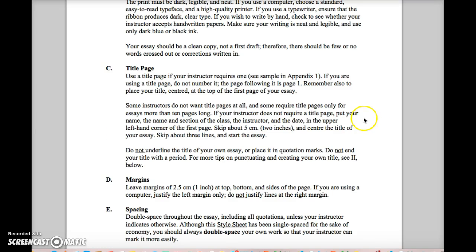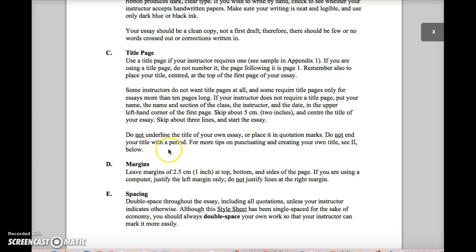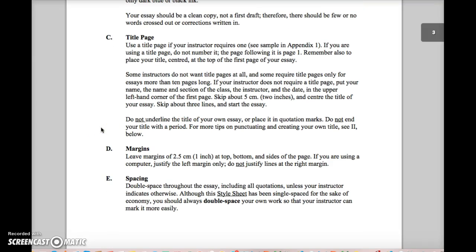Instead, just write your name, the section of the class, the instructor's name, and the date in the upper left corner of your first page. And then you're going to have the title of your essay, and then start writing all on the same page. Your essay should have its own title, so include your own title for your paper, and include the information that I need.